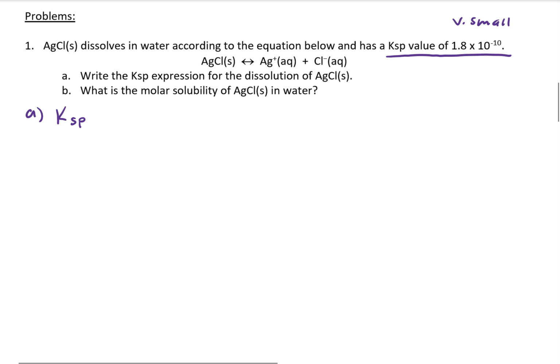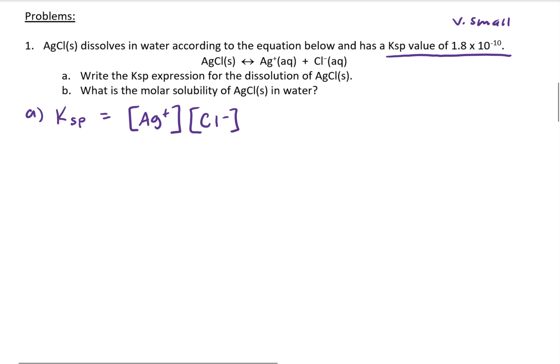We're only going to have aqueous ions and solids or liquids. So here we go to our products. First product is the aqueous ion of silver. So it goes square brackets, silver ion. Its coefficient is 1, so its exponent is 1. Chloride aqueous ion. Its coefficient is 1, so its exponent is 1.